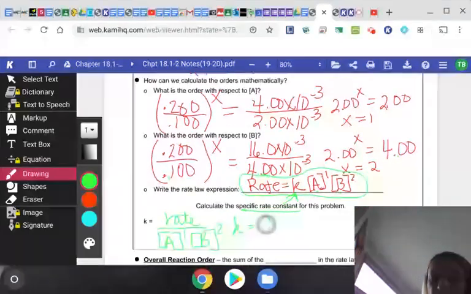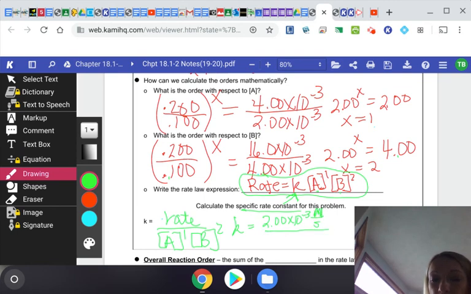So rate is 2.00 times 10 to the negative third molar per second. And A was 0.100 molar to the first power. And B was also 0.100 molar to the second power.